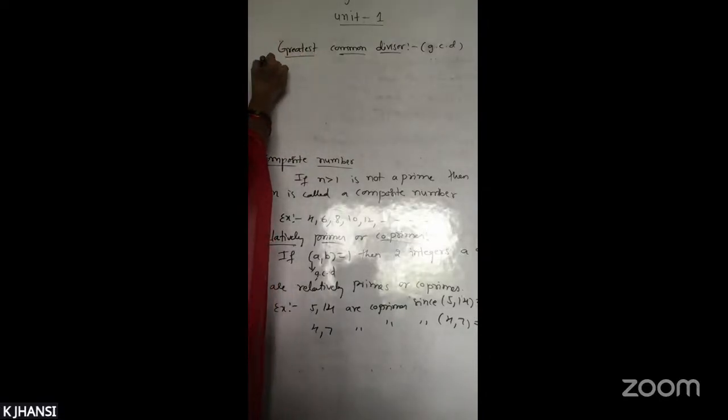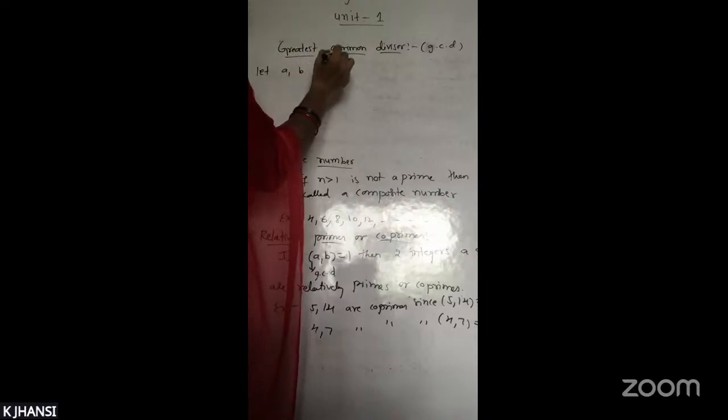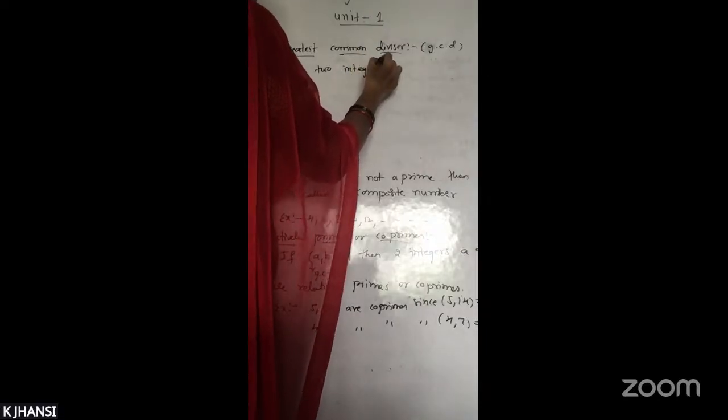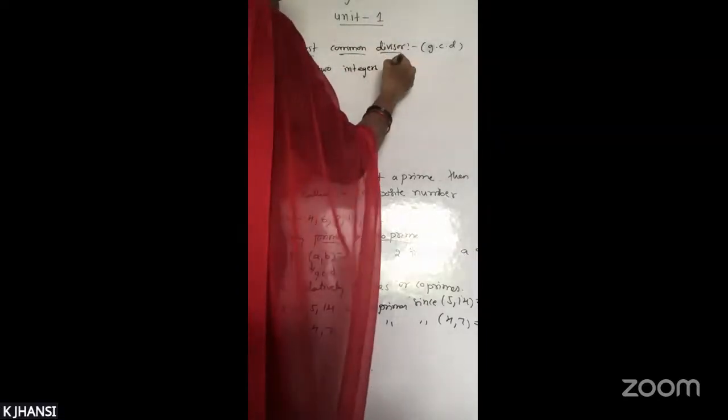Let A and B be two integers, not both 0.